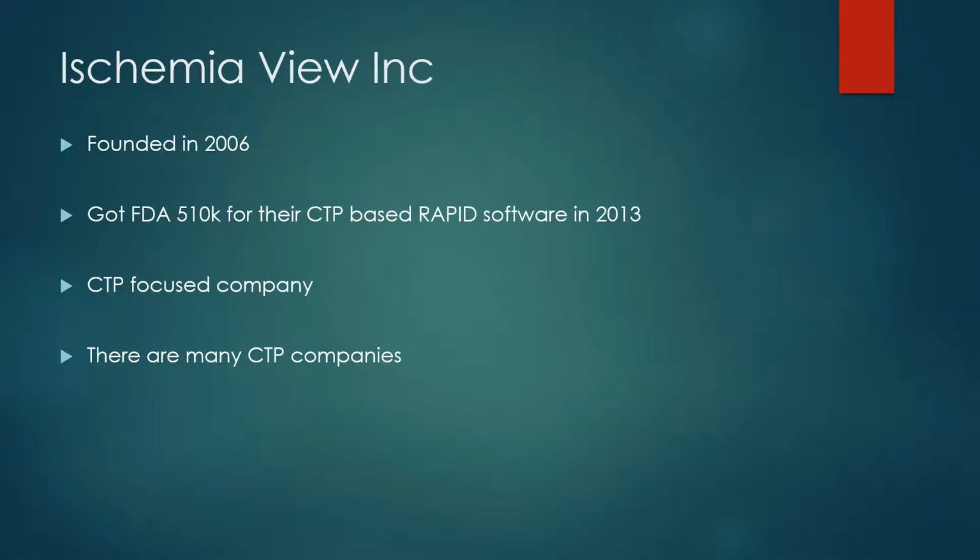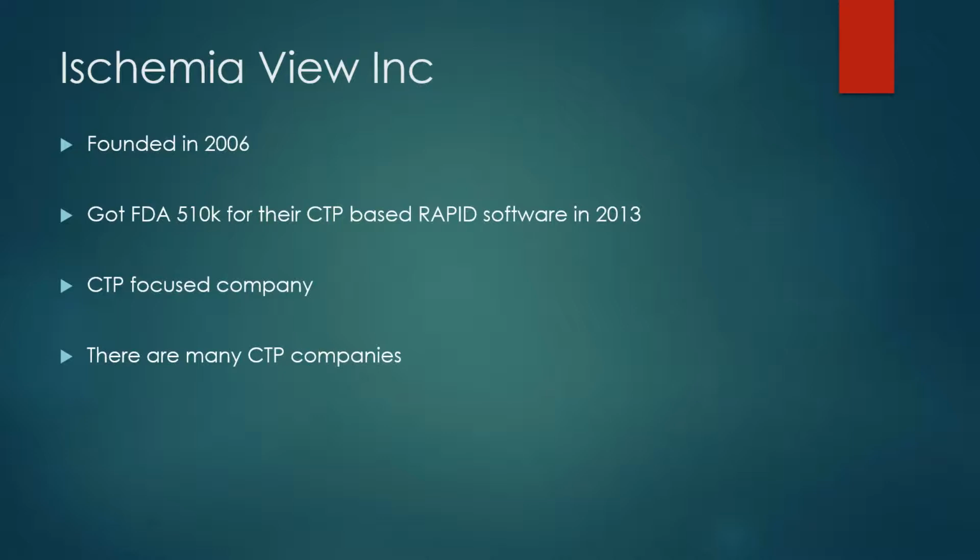CT perfusion is different from CTA. For CTA, you inject a contrast enhancement agent into the patient's body, and then you take CT scans. CT perfusion is more complicated. You don't inject once; you inject contrast agent multiple times and take multiple scans, sometimes thousands of images.